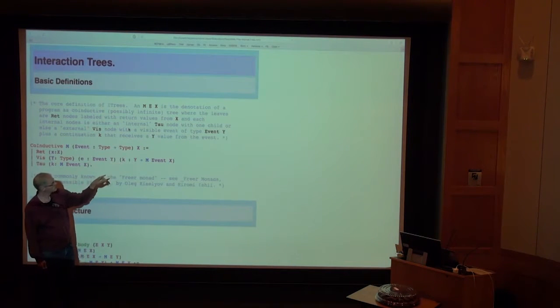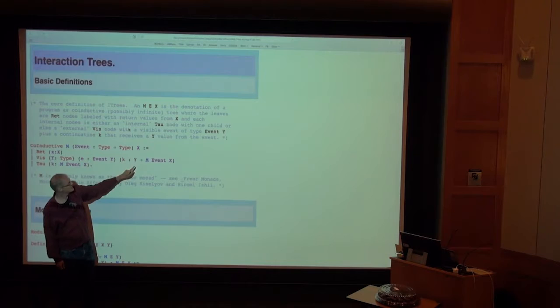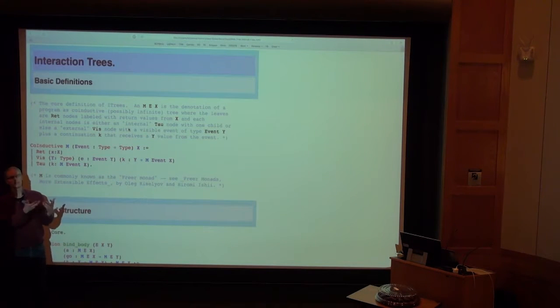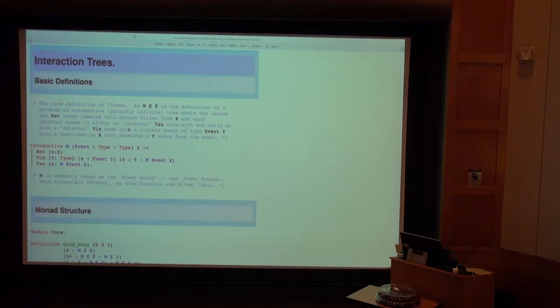And then the continuation is not just a subtree, it's a function from possible results to subtrees. So the continuation says, after the event has happened, tell me the result of the event, and then I'll tell you how we continue with the computation. And the whole thing is a co-inductive definition, parallel to the co-fixed point that we saw a minute ago, because we want these trees to be potentially infinite.